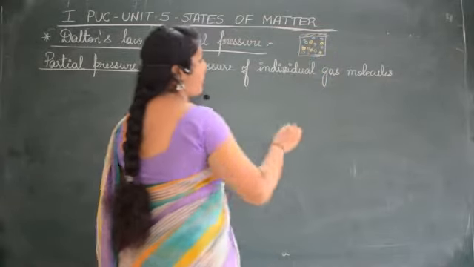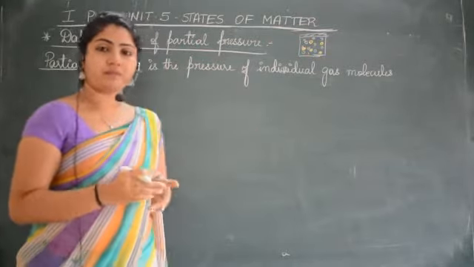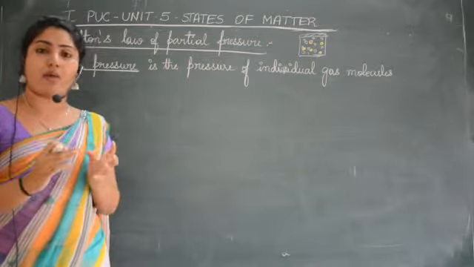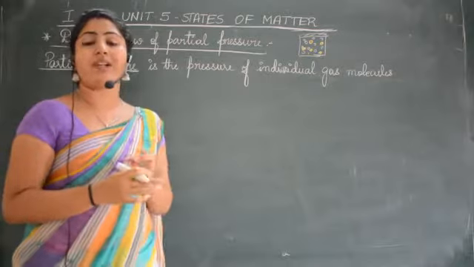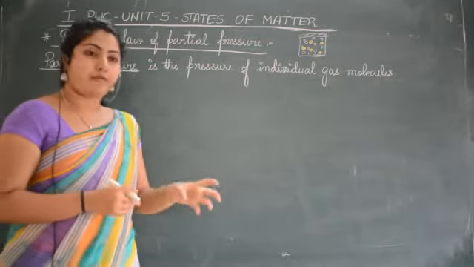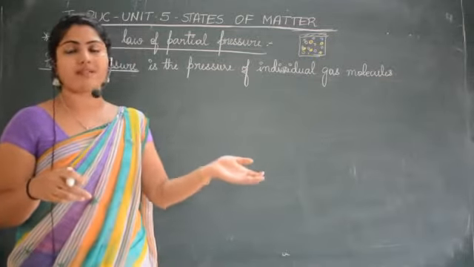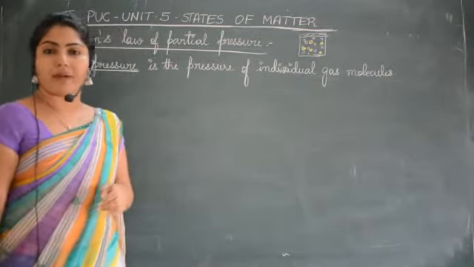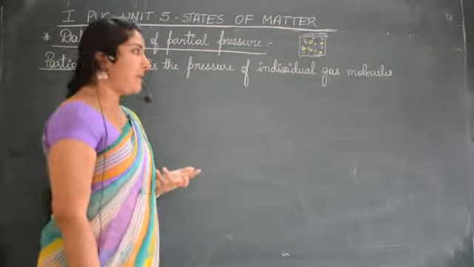In such a mixture, the total pressure will be the sum of the partial pressures of individual gas molecules. That means you calculate how much pressure each molecule is exerting, then total it to get the total pressure. Dalton said this. Are you getting the point?